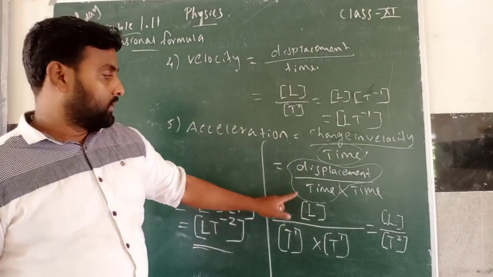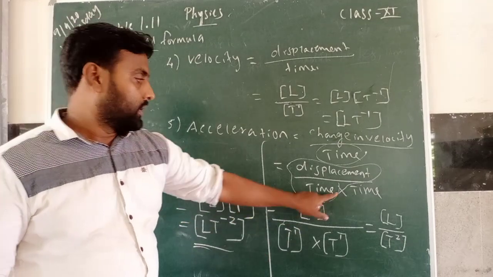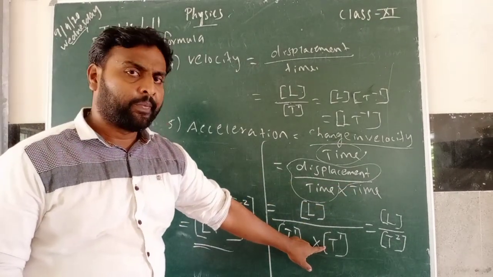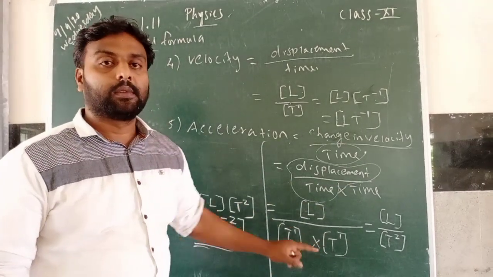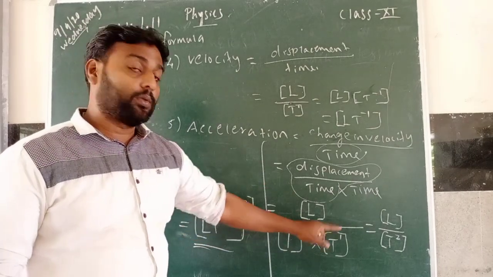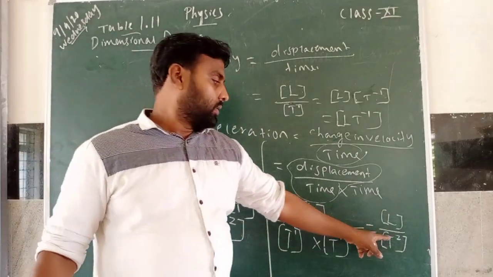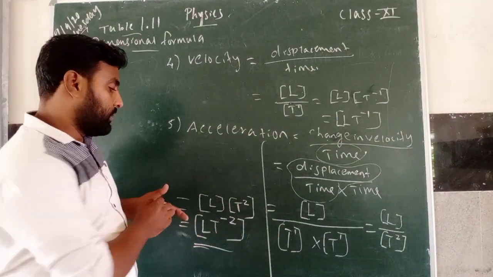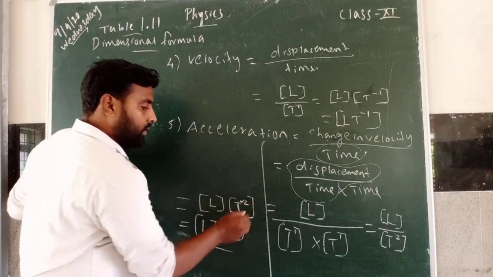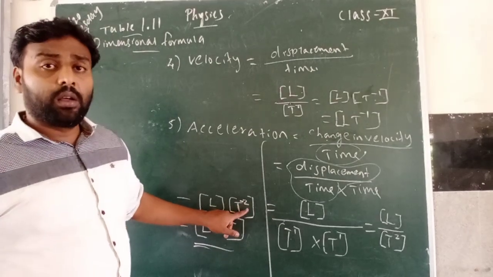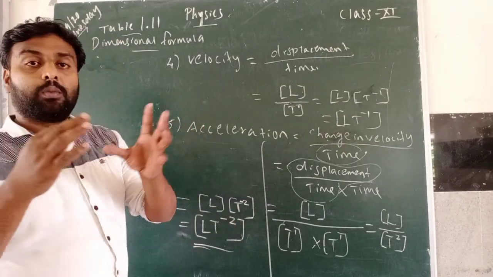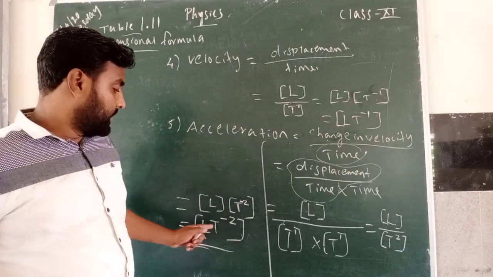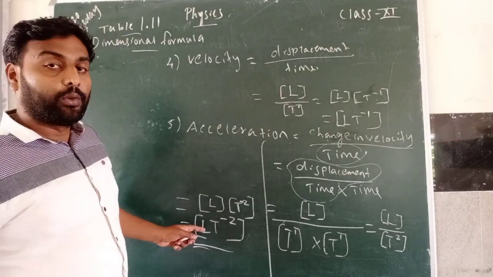Displacement L, time T, again time T. So T into T, T square. Now this T square, you take it upside down. So what will come? T power minus 2. Then put it in single bracket. So acceleration you got now.